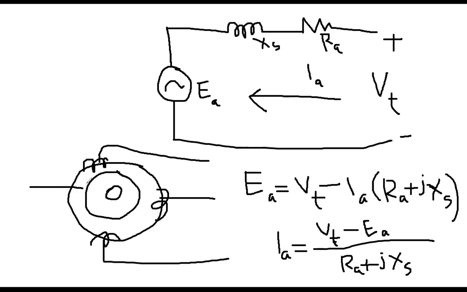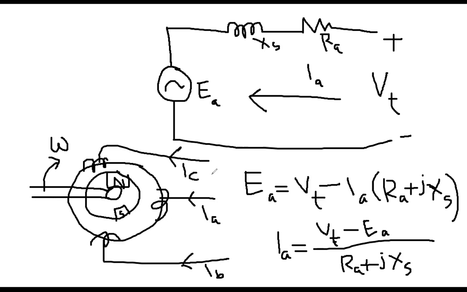This is the motor shaft. Keep in mind that this is not the generator, this is the motor. I'm assuming that the motor has started rotating and it has the north pole and the south pole. Because this is a motor, you are applying the three-phase voltage or current.